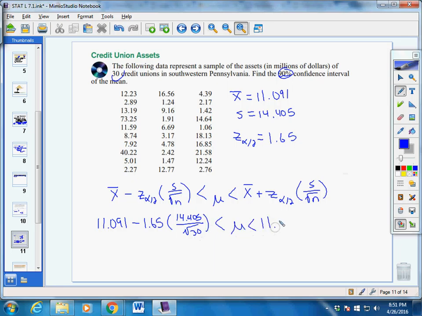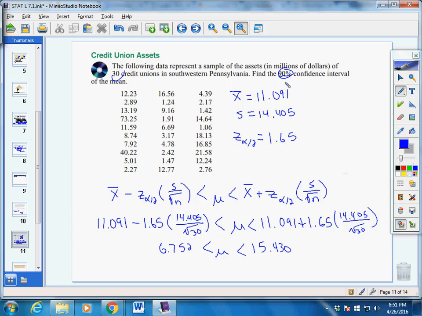Then do the same thing over here with a plus sign, divided by the square root of 30. When you figure it all out, what it ends up being is 6.752 is less than the mean, which is less than 15.430. Now remember, our focus was on 90%.